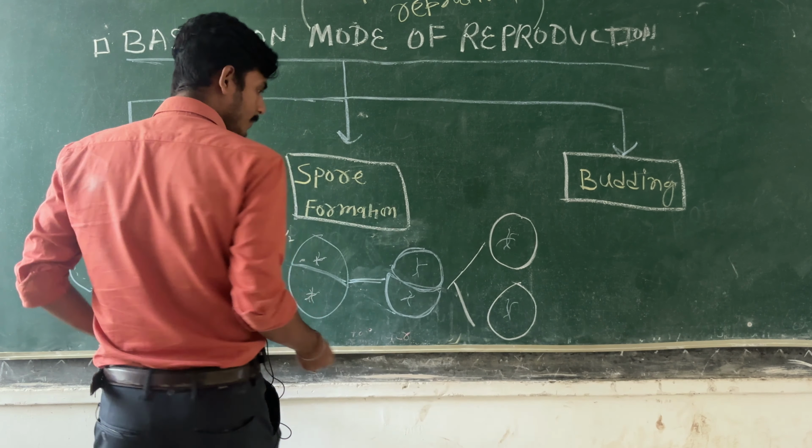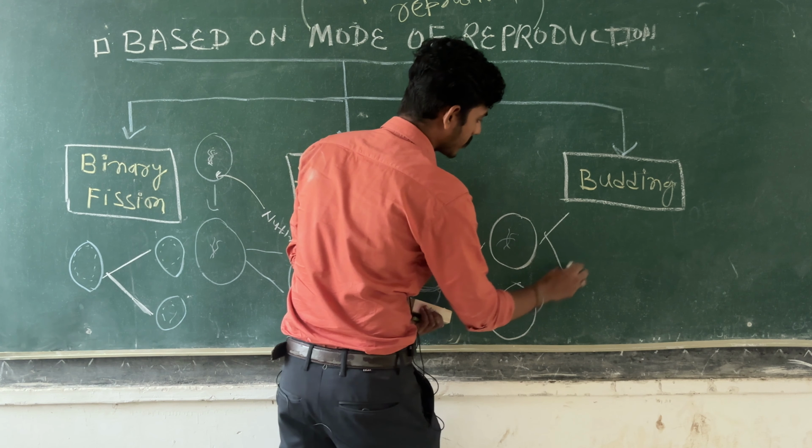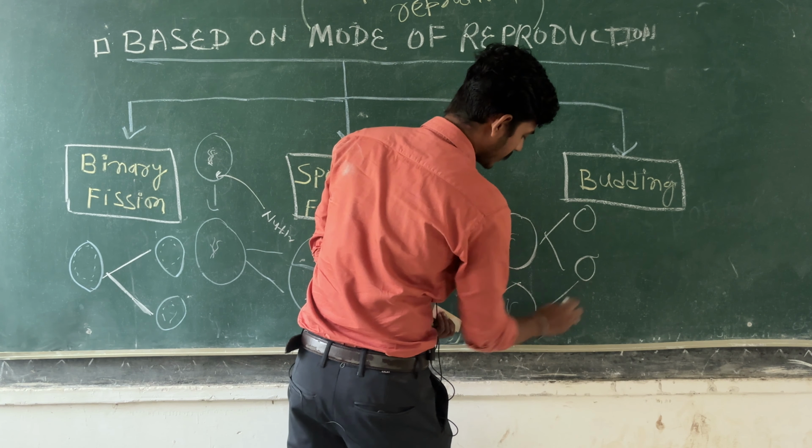From these, it's quite possible that two further bacteria will form. But this is the first generation, meaning its first step is complete. Then it is the second generation.